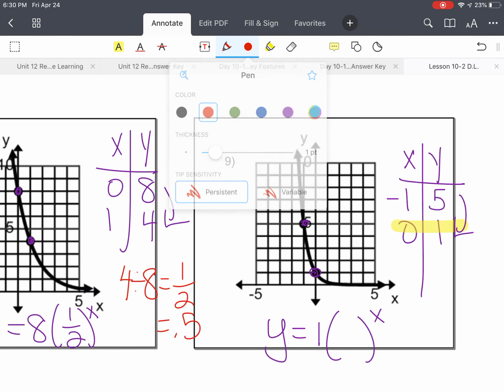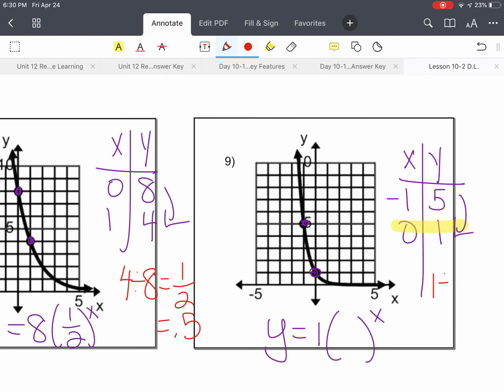Not sure. So let's work backwards and do 1 divided by 5. 1 divided by 5 is 1/5, or your calculator will tell you 0.2. Again, it doesn't matter, however you want to write it. I tend to like to write it as a fraction, so that's how I'm going to write it there.